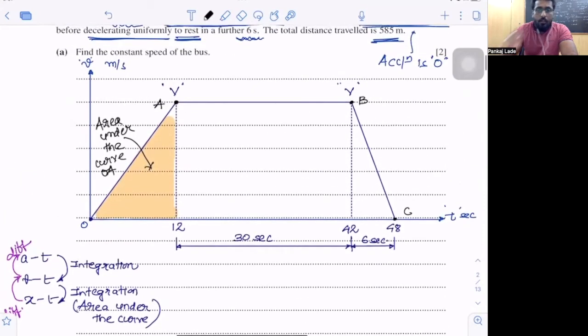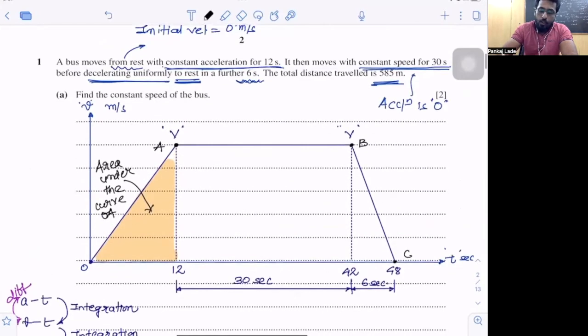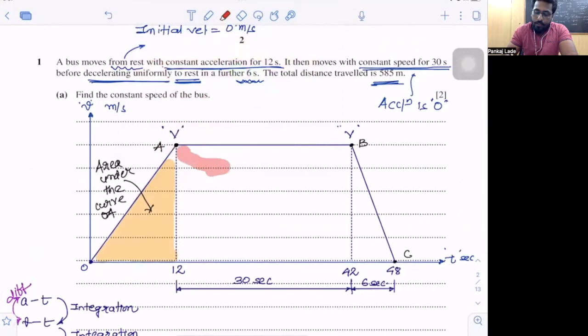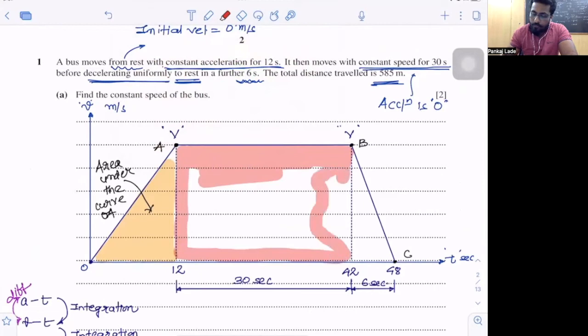Further, look at part AB. So part AB, you can observe for part AB, this is the area under the curve, isn't it? I'm going to shade the entire area very quickly. Okay, so that's the area under the curve for part AB.